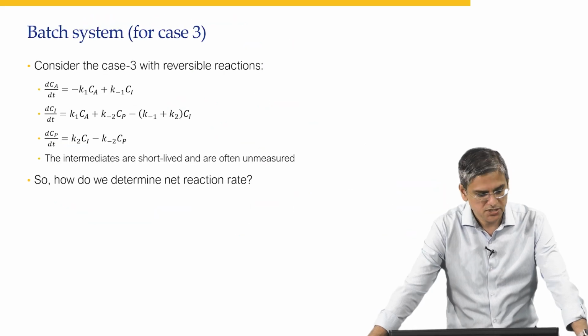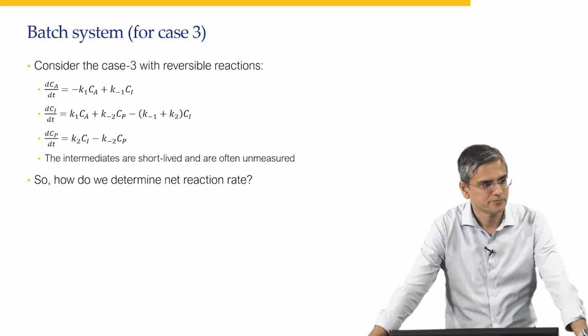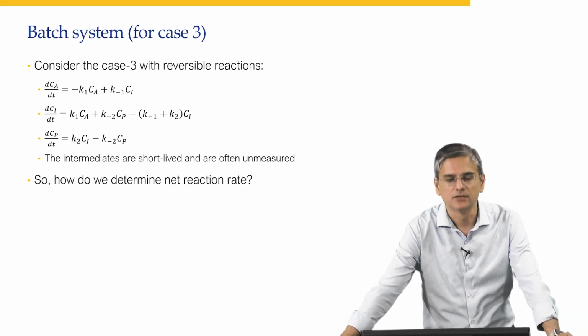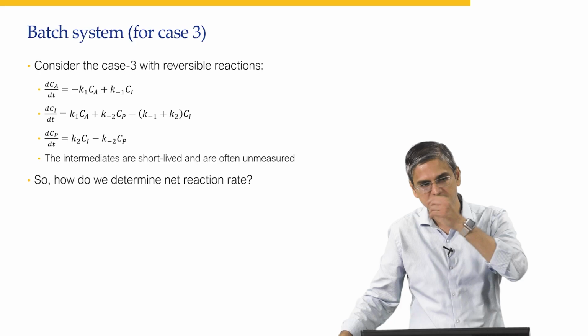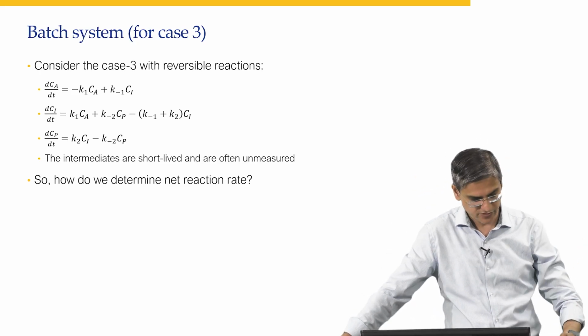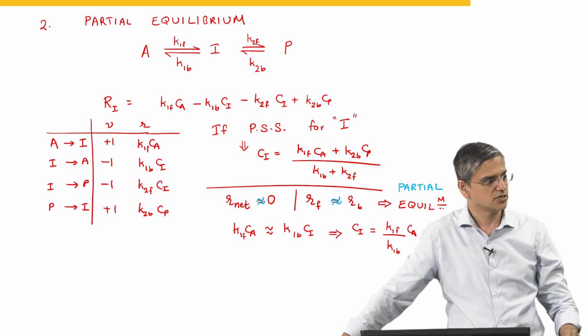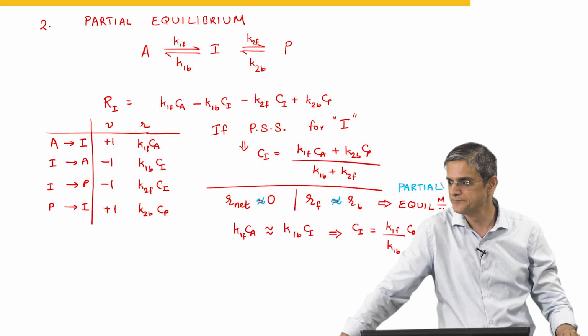Are we calling it partial equilibrium because the next step is not in equilibrium? What do you guys think? Let us assume that the answer to this question is yes. What happens if A and I are in equilibrium, but the next step is not under equilibrium? What would happen to I?